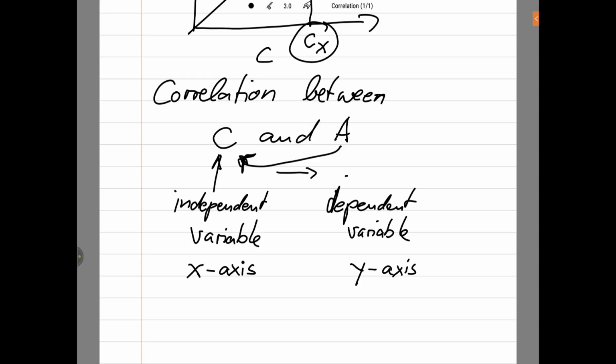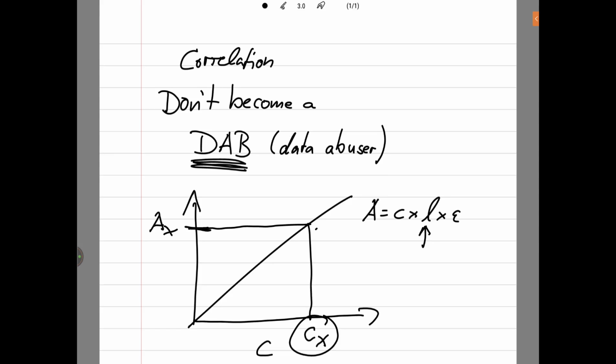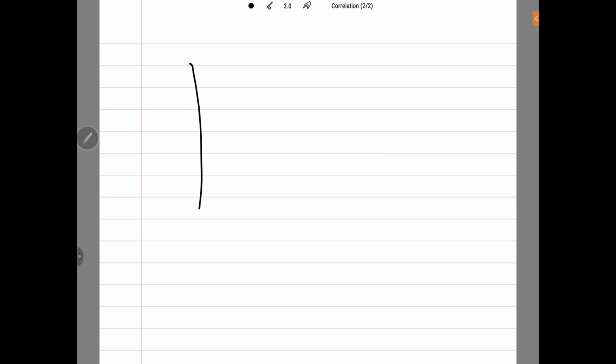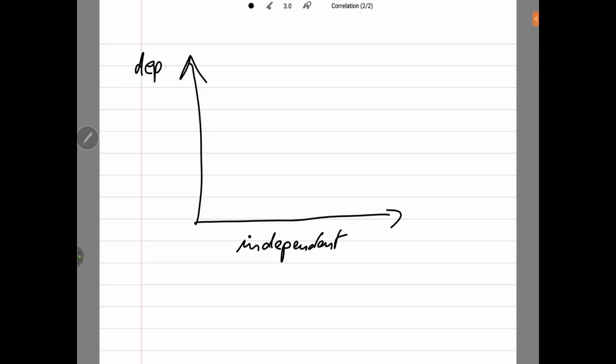So that is really what you will encounter: independent variable, dependent variable. Okay, so let's plot.